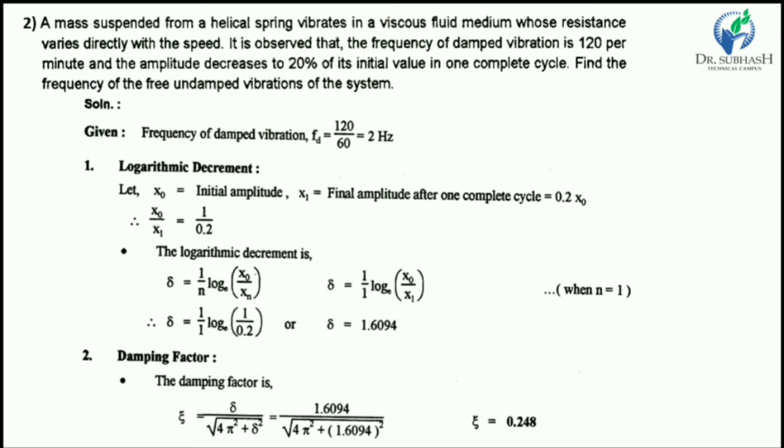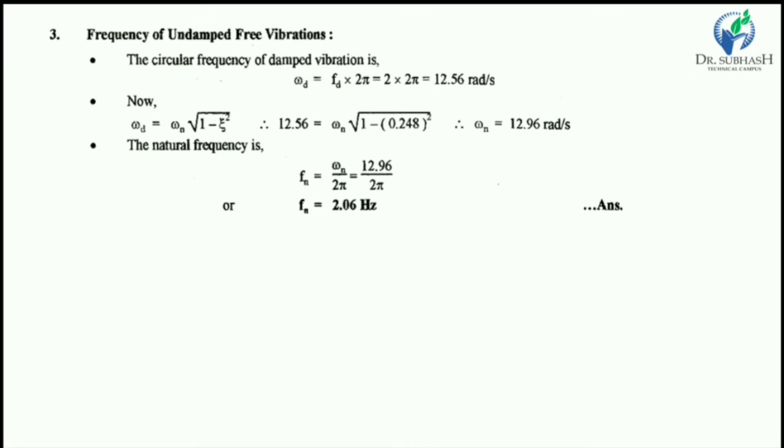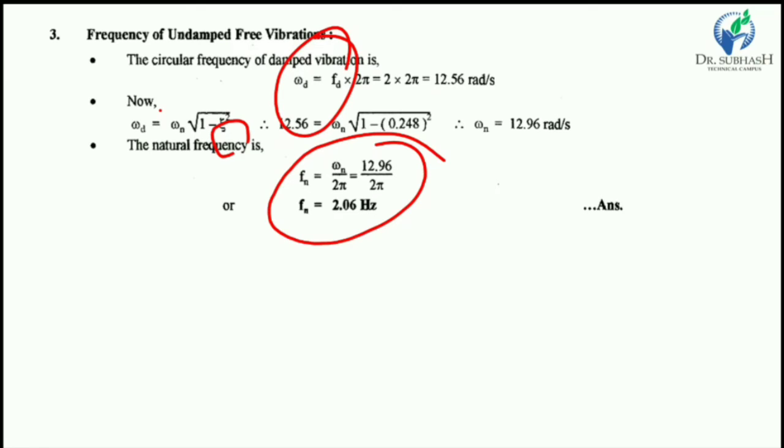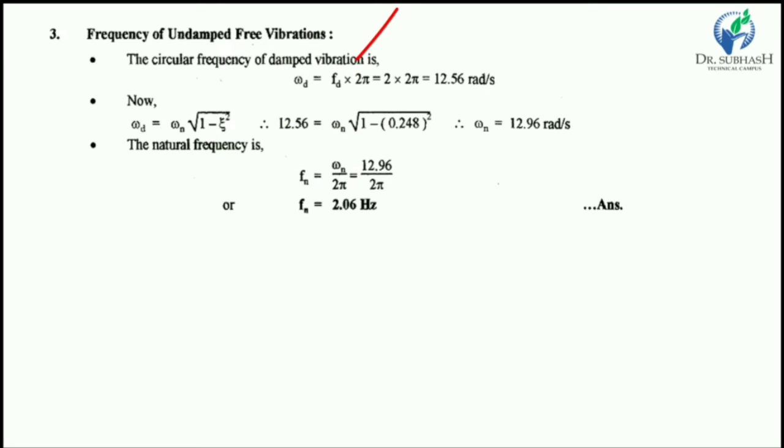Now we have to find the frequency f. So we have to find the value of omega n first, and omega n is found from the equation of omega d, and the fd value is already found. It's 2, and we find the value of omega d, then we have to find omega n, but we have to find the value of zeta.